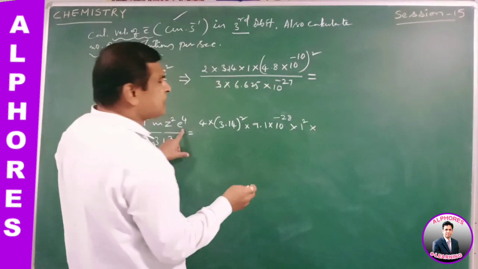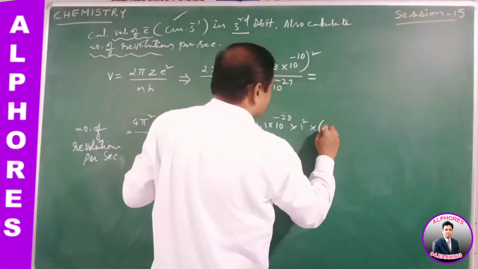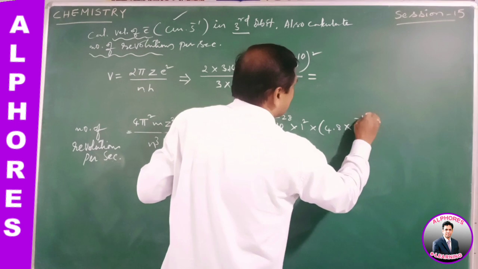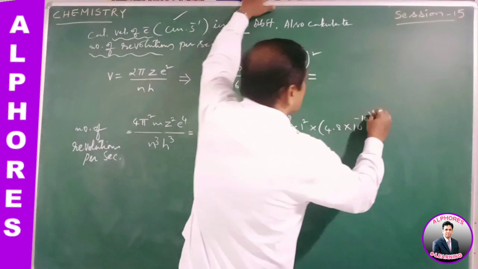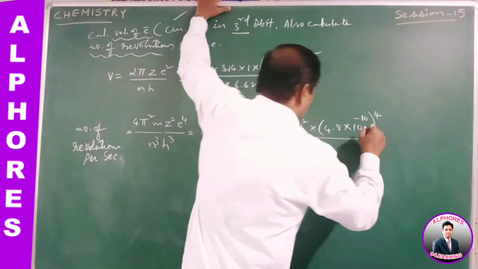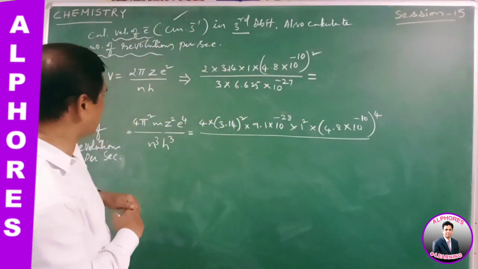Next, e, the charge of the electron, that is 4.8 into 10 to the power minus 10, to the power 4, by n³h³.